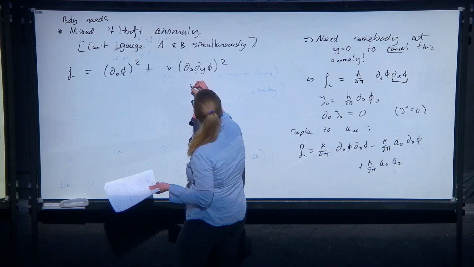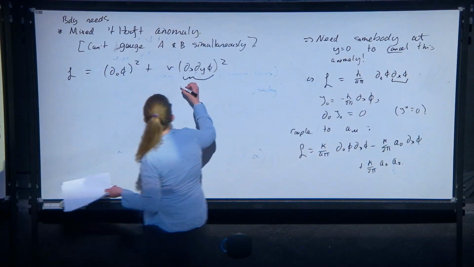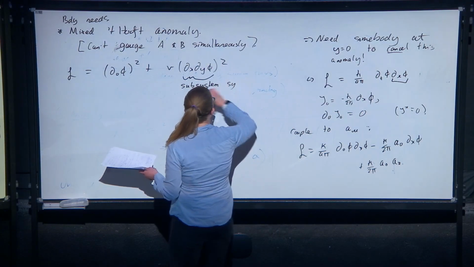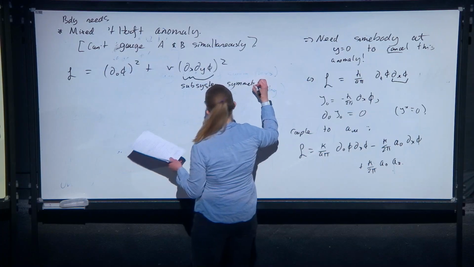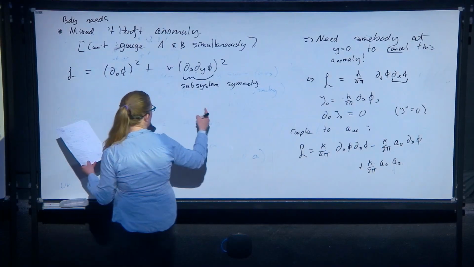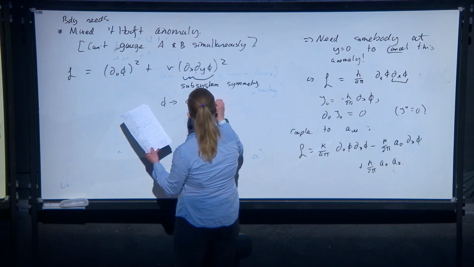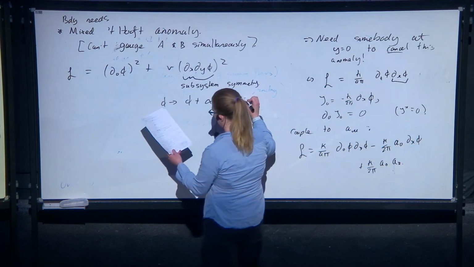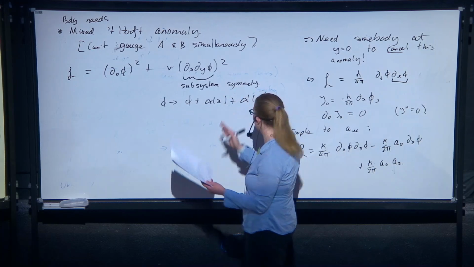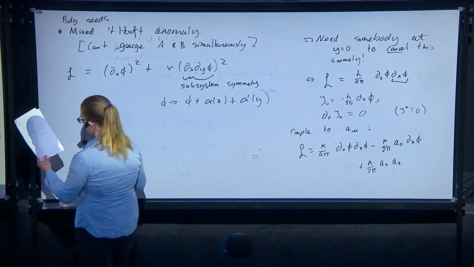And here I've got the dx dy, and that's because this boundary, we want to preserve the subsystem symmetry. And in particular, this subsystem symmetry means that I can take phi and shift it by any function of x and any function of y. Okay. Good.